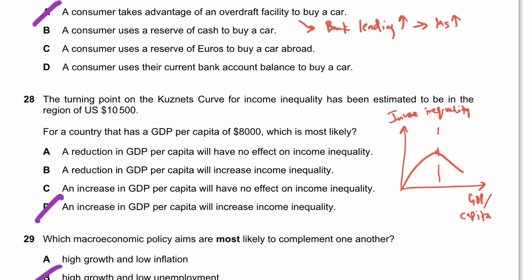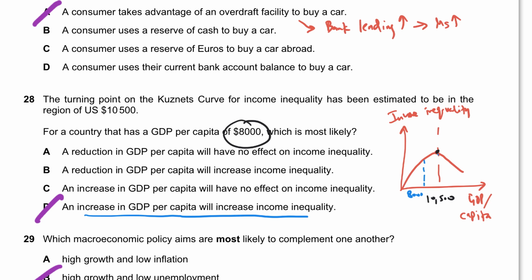In this case, they're saying that the turning point is 10,500. But after 10,500, GDP will go up, but income inequality will go down. Right now, an economy is at $8,000, which would mean it's somewhere here. This means that an increase in GDP per capita will increase income inequality. Why? Because you haven't reached the turning point.